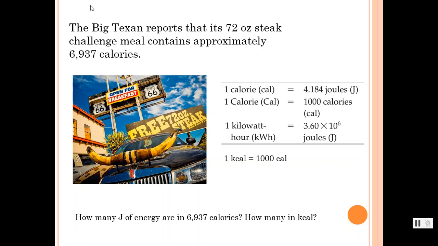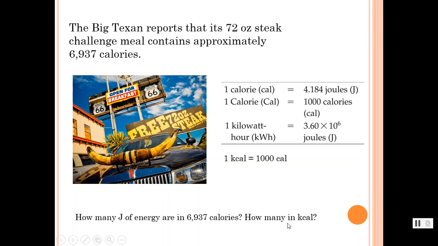It's so much food. It is approximately, according to their website, 6,937 calories. That's including the baked potato, the salad, the bread. I think there's a dessert too in there. But let's say we wanted to try it, and I wanted to know how many joules of energy are in that many calories, and I wanted to know how many kcals that was.